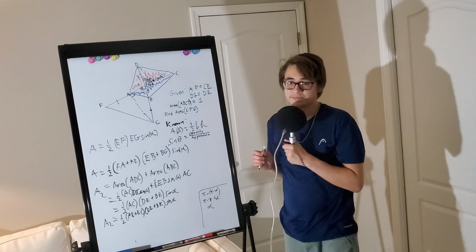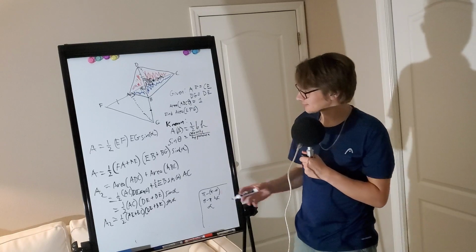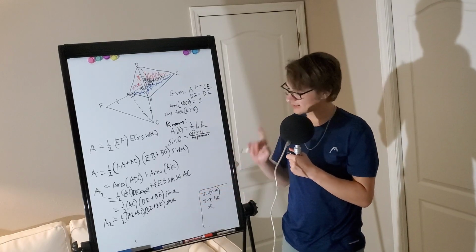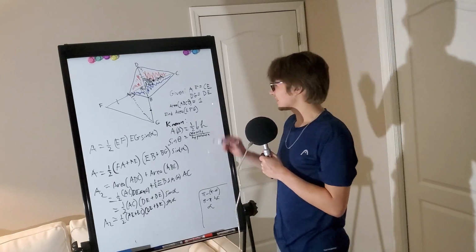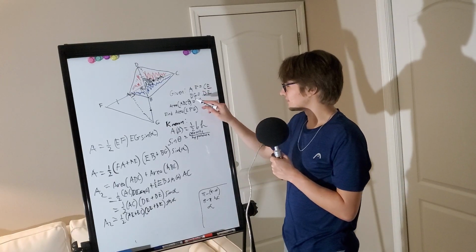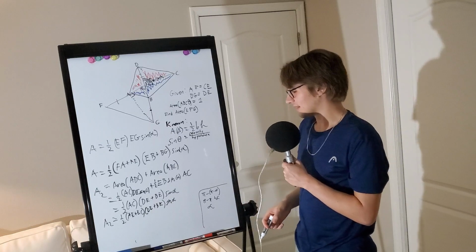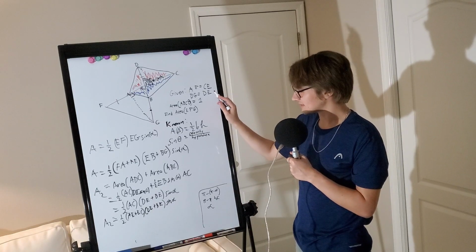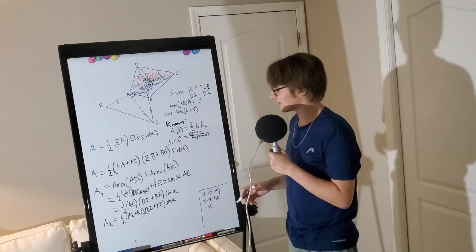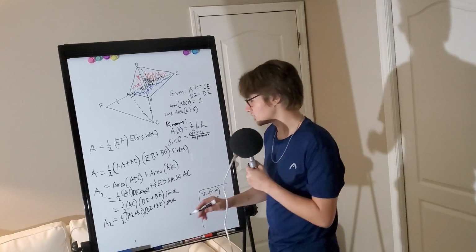All right, excellent. I think this is as far as we can go, except there's one more thing we haven't taken advantage of yet, and that's that AF equals CE and BG equals DE. And so if we make those substitutions, we're going to turn CE into AF, and then we're going to turn DE to BG.